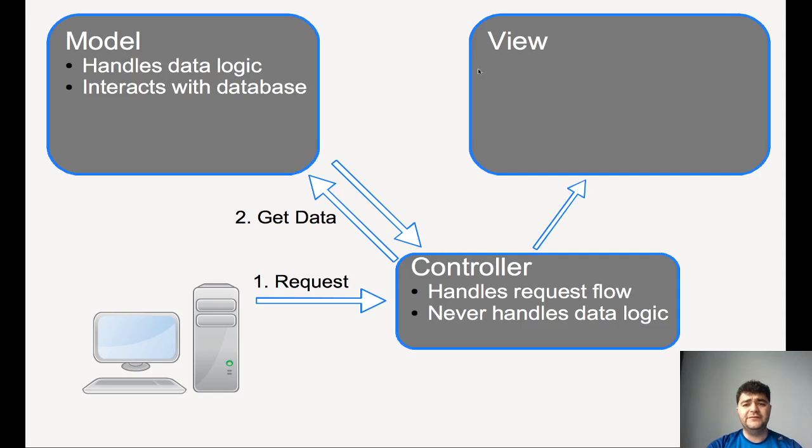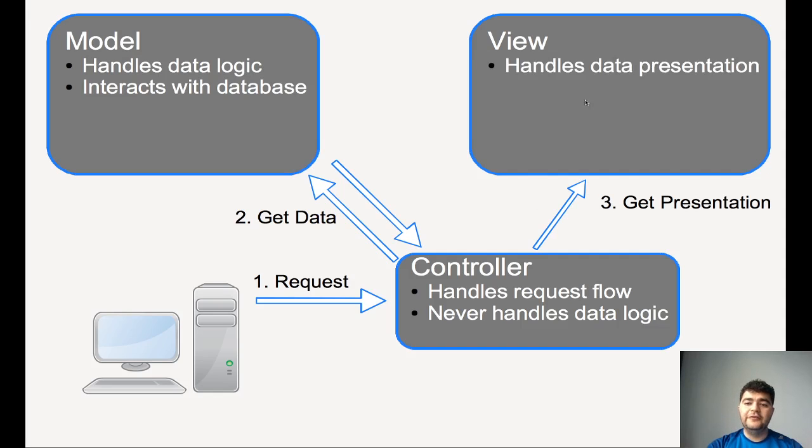The view section takes the data and makes it into a presentation where the user can see the data in a nice way. So the controller takes the data from the model and passes it to the view section. Then the view section handles the data presentation and renders this presentation dynamically.